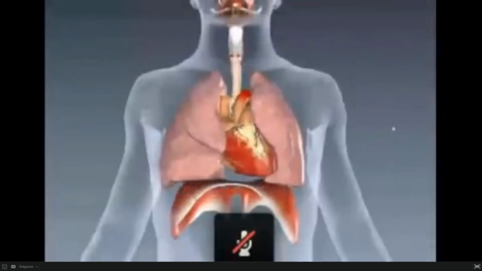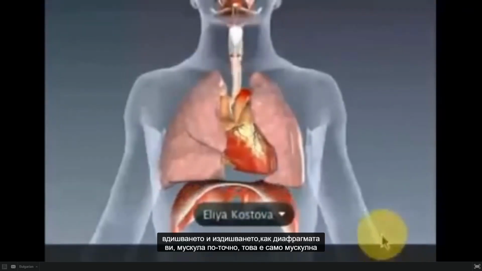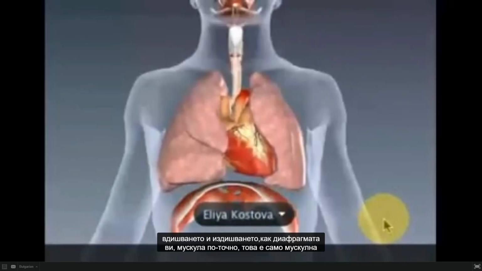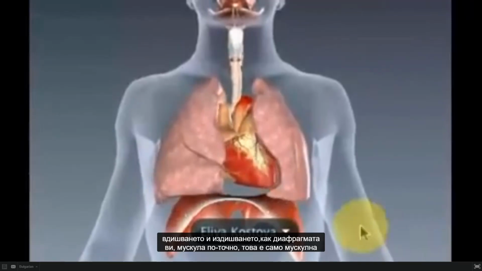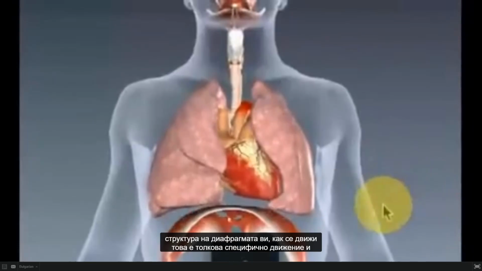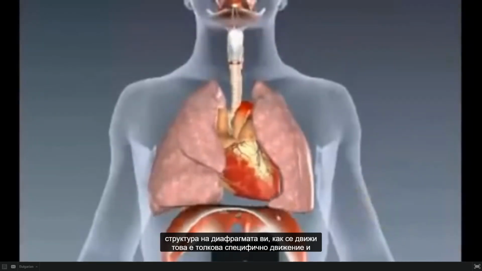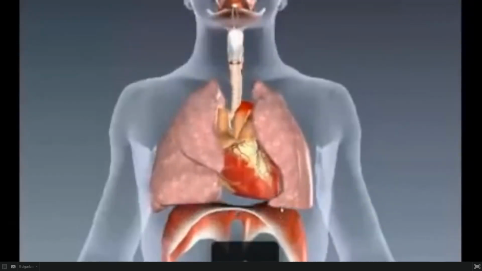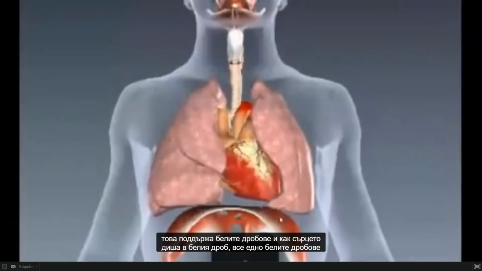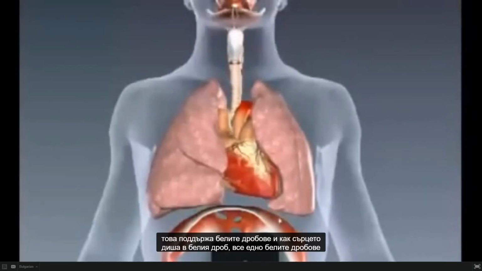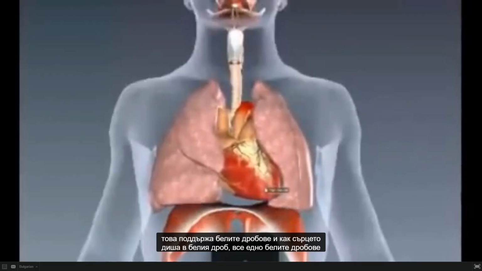So you see when you just breathe, this is breathe in, breathe out, breathe out, breathe in, how your diaphragm, like a muscle, this is the only muscle structure of your diaphragm, how it's moving. This is a so specific movement, you see, and it supports the lungs, and how the heart is breathing inside of a lung.